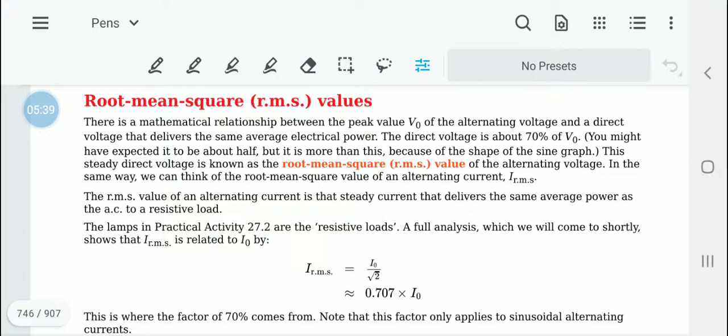That is, let's say the alternating voltage has 100 volts, then the direct voltage should be 70 volts to provide the same power. That is what it means.